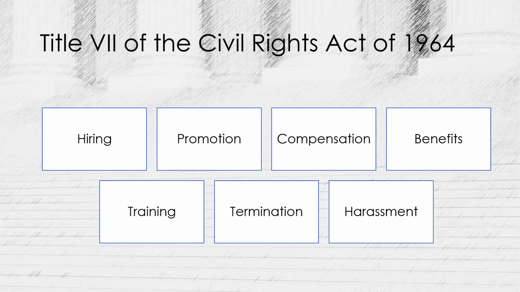In the United States, the legal framework for addressing discrimination is based on the principle of equality as embodied in the 14th Amendment to the U.S. Constitution and federal civil rights laws such as Title VII of the Civil Rights Act of 1964. These laws prohibit discrimination on the basis of race, color, religion, sex, or national origin.